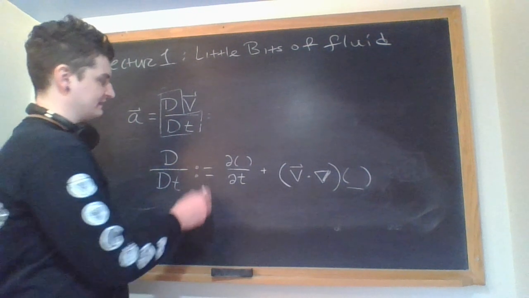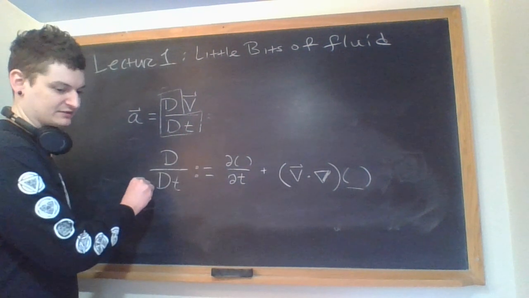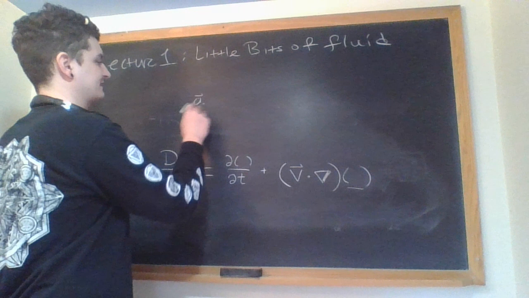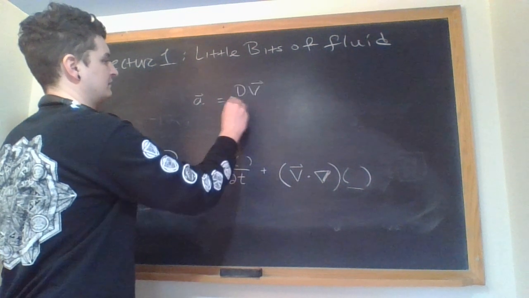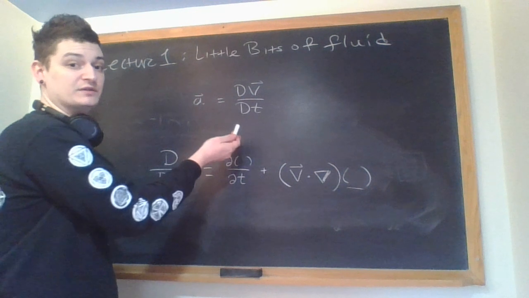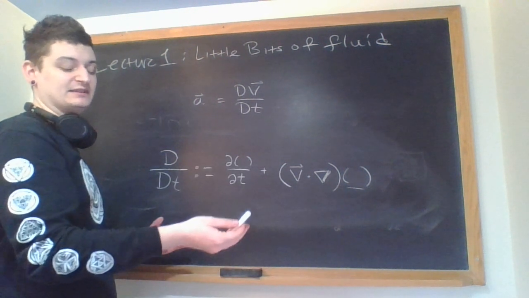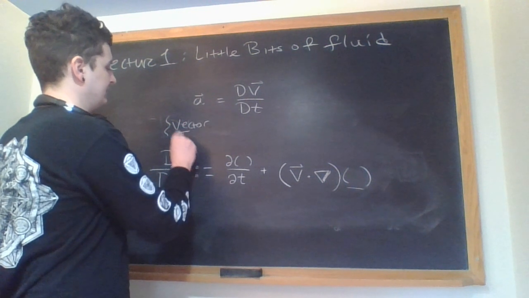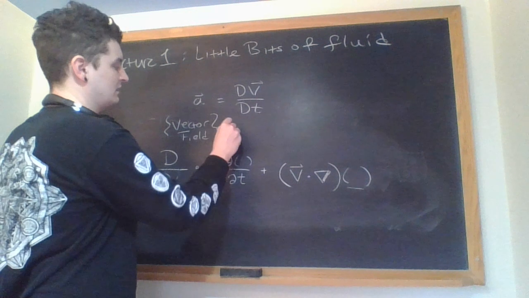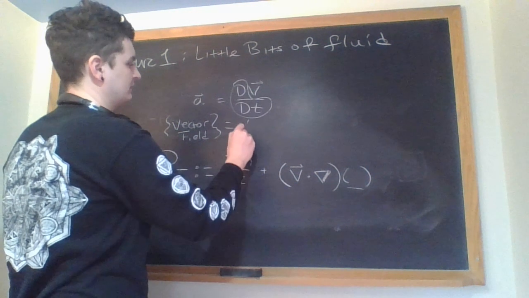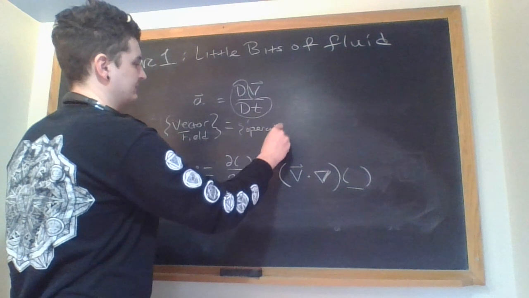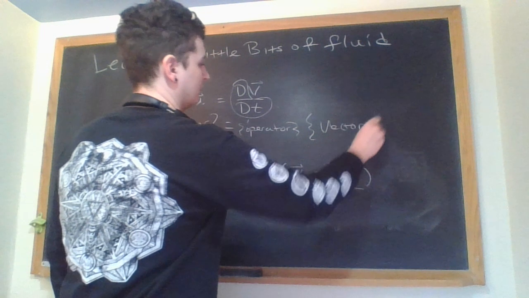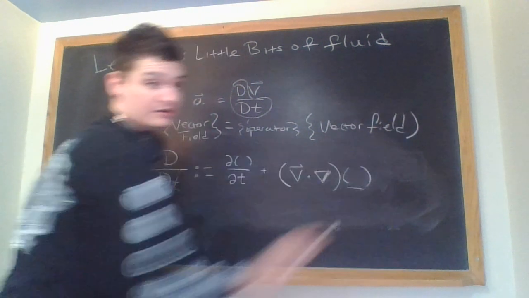But already off the bat, what this material derivative allows us to do is still write that acceleration is a derivative of velocity. The only difference is that this is now a vector field, and this part is a special operator that operates on a vector field.